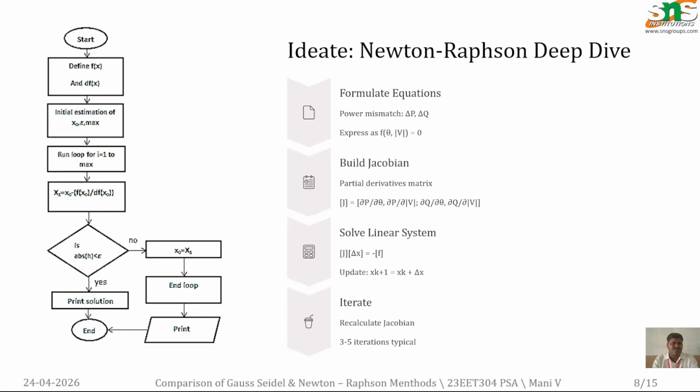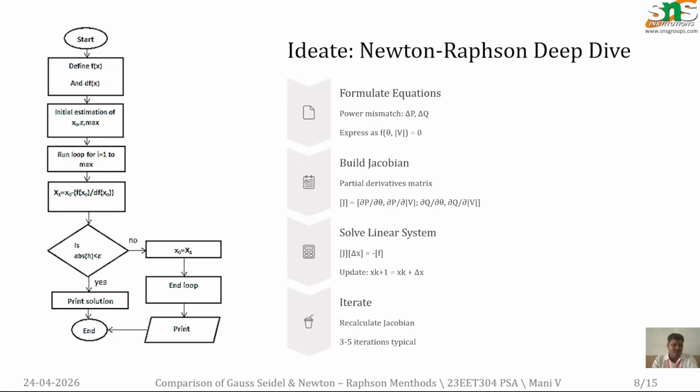In the Newton-Raphson method, we start the program and define the given values. We initially estimate the reactance, the angle value, and the maximum and minimum values of everything, and we run the loop from i equal to 1 to the maximum value.